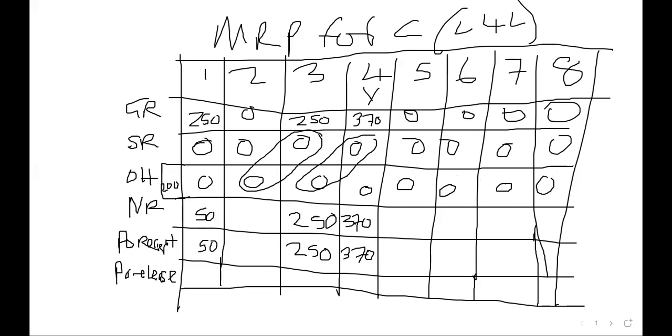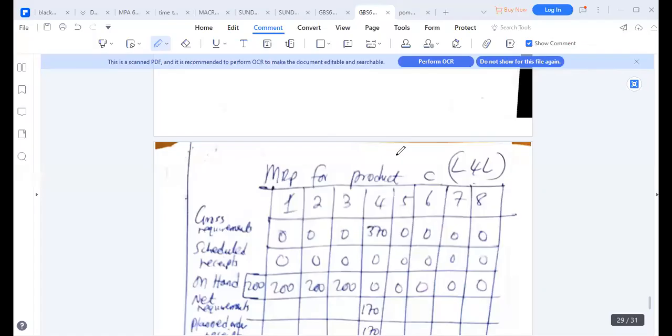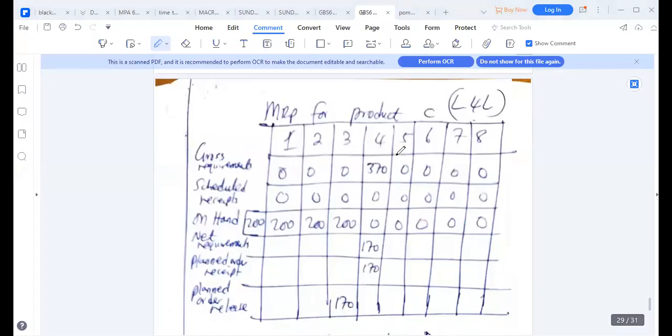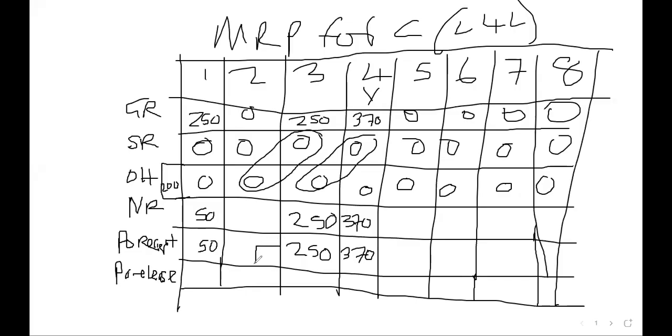Then you look at the aspect of lead time. The lead time for this one was 1 week. So this 250 would have to come 1 week before. Then this one should have been ordered a week before because it's supposed to come the other side. So even this one, 370 comes here.